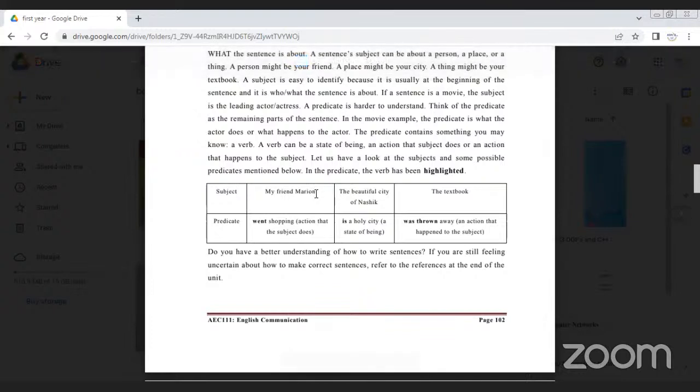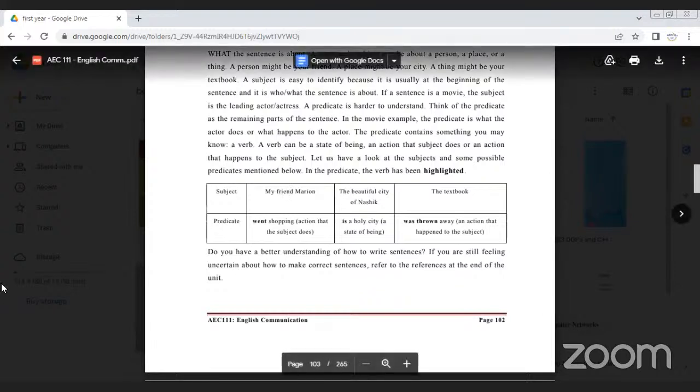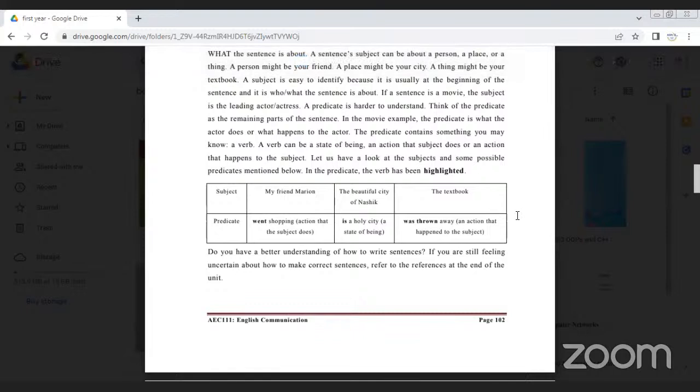My friend Marian is a subject. Went shopping is a predicate, an action that the subject does. My friend Marian went shopping. Here, my friend Marian is a subject and went shopping is a predicate. Then let's see the second example.